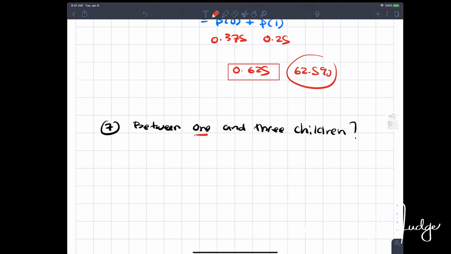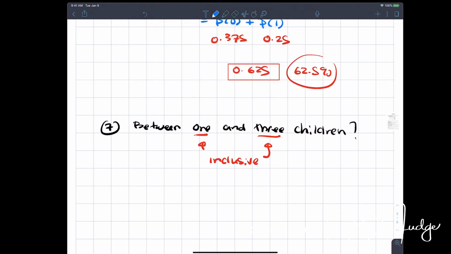But I want you guys to know that we're going to have to be inclusive here. All right? We're going to have to include the 1 and 3. So if you have between 1 and 3 children, they really want you to be inclusive of the 1 and the 3.